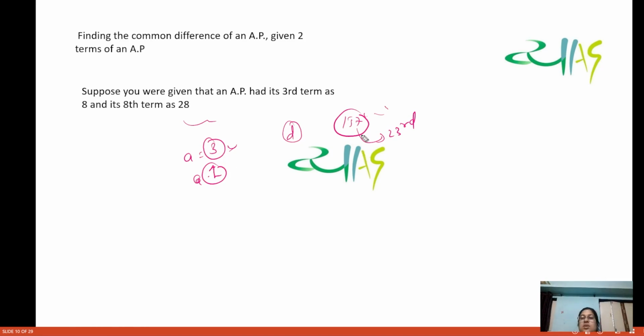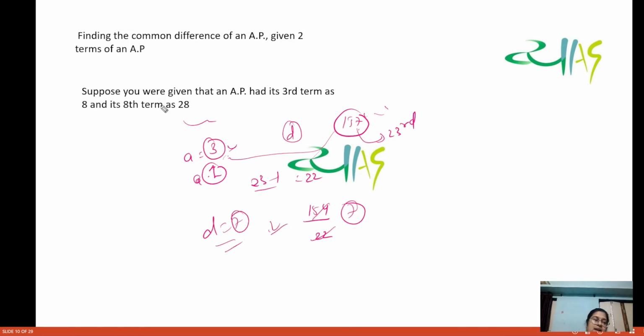Okay, so basically what is the difference between both of these numbers? 151 एंड मैंने कितने टाइम ऐड किया कॉमन डिफरेंस? 23 - 1 दैट इज 22 टाइम्स, सो आई जस्ट डिवाइड दिस बाय 22, so what I am getting 7, so my common difference is 7. I hope everybody is clear with this thing.